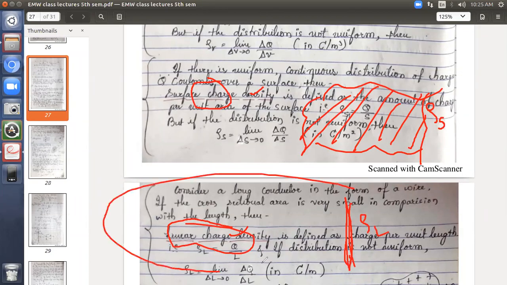Now we are going to deal with linear charge density, the expression for the field intensity E. In short, the title is field due to line charge. Line charge is the linear charge density expression, rho L. We make use of the rho L expression and we will find the electric field intensity.